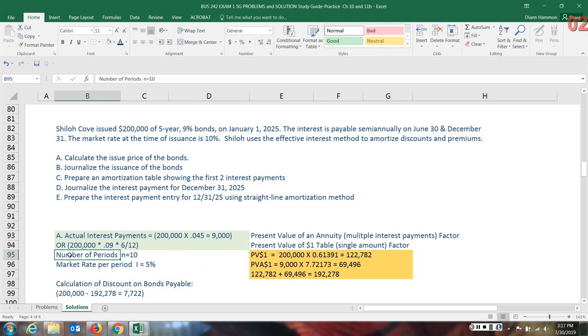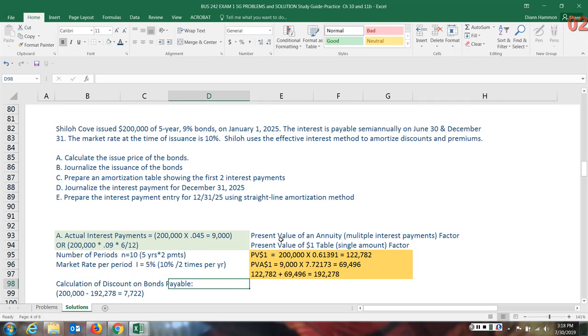So our N is going to be 10, which is the 5 years times 2 payments per year. And then we need our market rate. The market rate that's quoted is 10%, and the 10% is being paid twice a year, so we're going to divide it to get 5%.